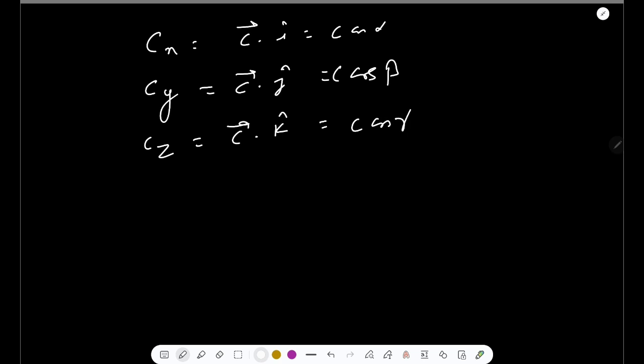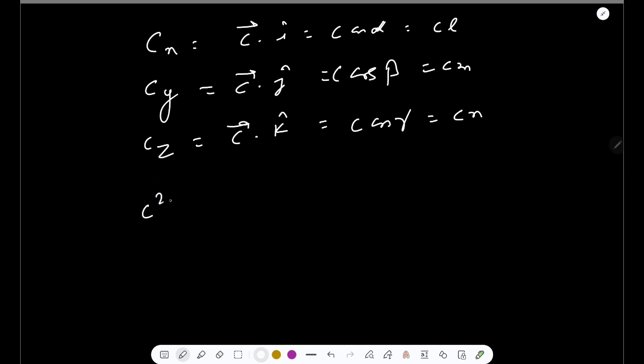Sometimes cos alpha is simply written as L, cos beta as M, and cos gamma as N. So you can do one thing.